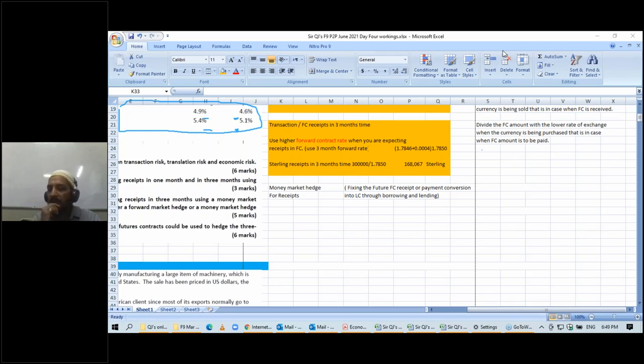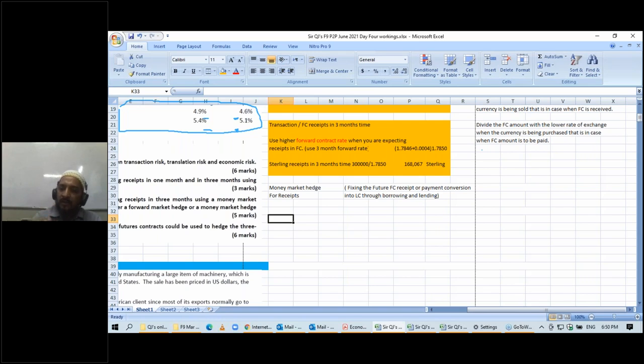Obtain the foreign currency now. So how can you obtain the foreign currency now? Borrow foreign currency now so that you get the foreign currency today at the time of selling the product rather than receiving money, right? So the first part of the strategy is, think that if you are receiving money in 3 months time in foreign currency, then what you should do now to fix your cash flows?